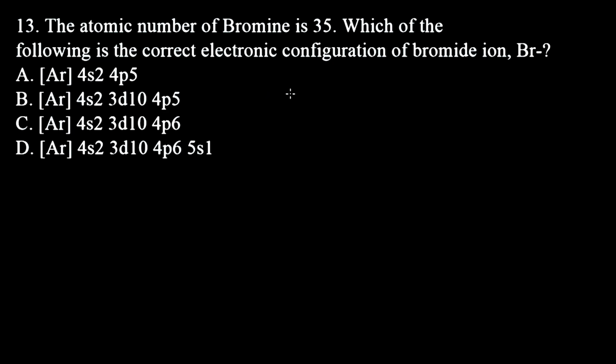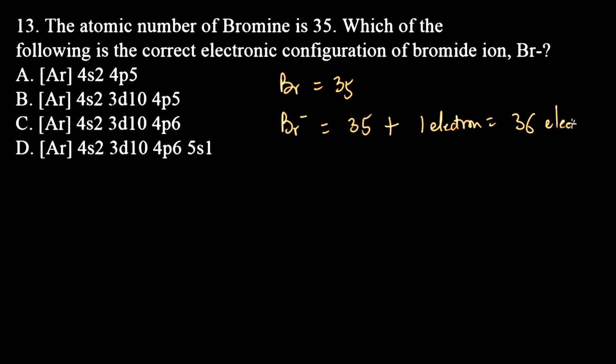All right, so let's look at this question. The atomic number of bromine is 35. So which of the following is the correct electronic configuration of bromide ion? So bromide ion is basically 35 plus 1 electron. So that becomes 36 electrons.